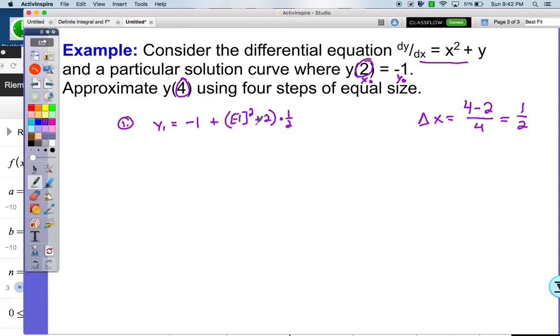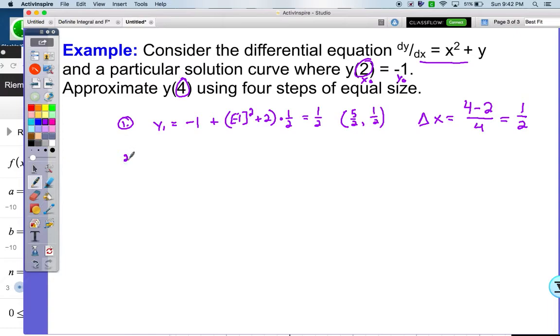So that gives me 3 times 1/2, which is 3 halves. So negative 1 plus 3 halves gives me 1/2. So right now, my x value is 1/2 away from 2, so that's 2.5 or 5 halves, and my y value is 1/2, if I've done that correct. 3 halves, which is 1.5, yes.